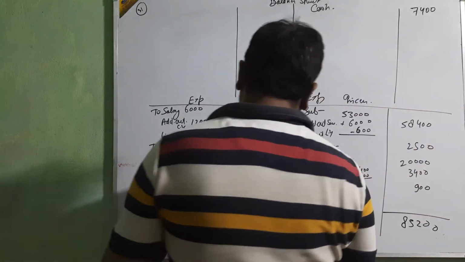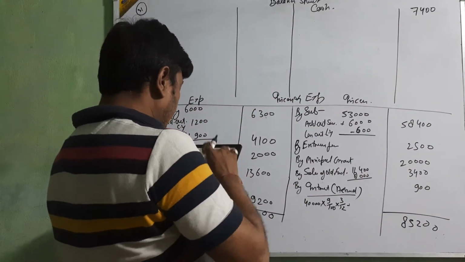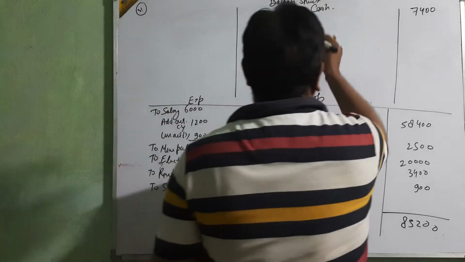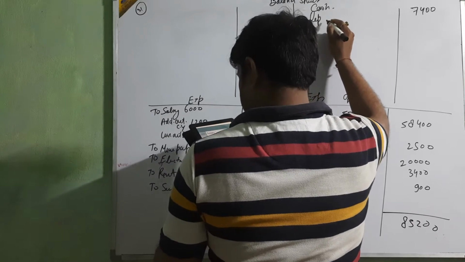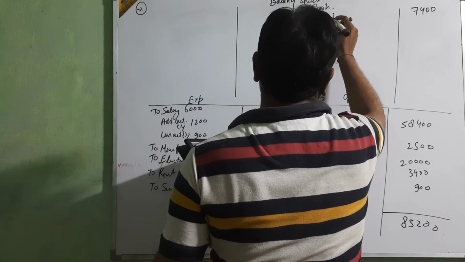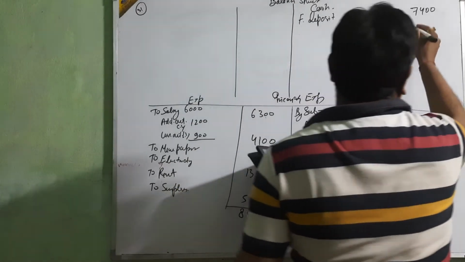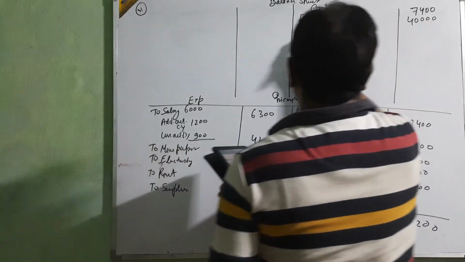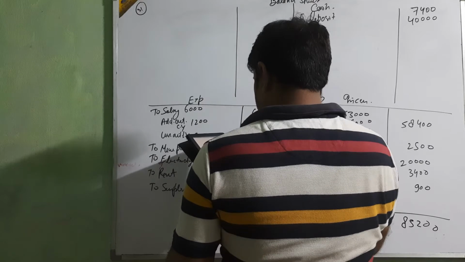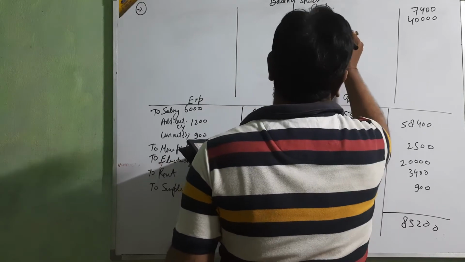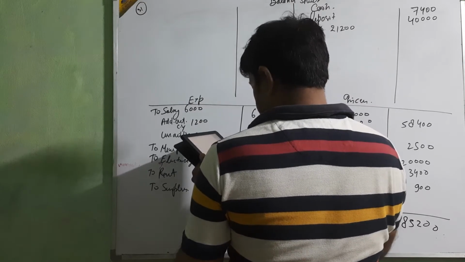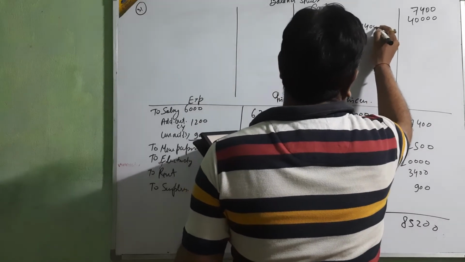Okay, closing balance 7,400. Then see, deposit is there, book and furniture. Fixed deposit, that amount is 40,000. Book 21,400 is here. Sorry, 21,200 and 14,000 outside.